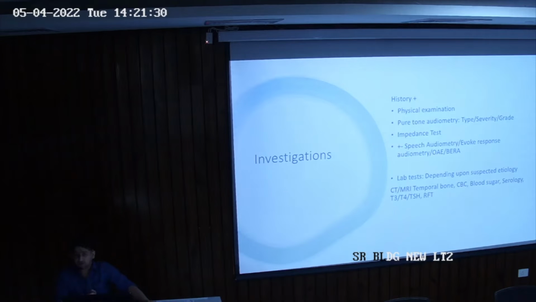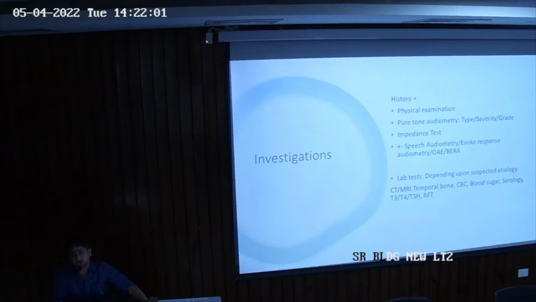Impedance audiometry. Impedance test is basically done when your tympanic membrane is intact and you have to check the middle ear function. It has 2 components. One is known as tympanometry. The tympanic membrane, you cannot check the resistance, so you check the impedance. And the second part is stapedial reflex.